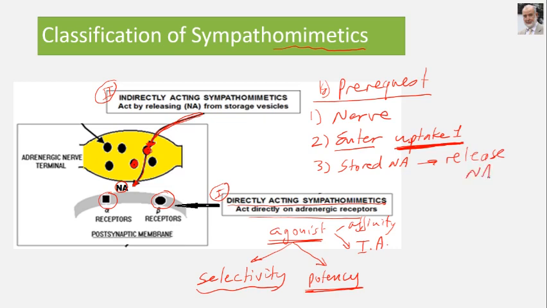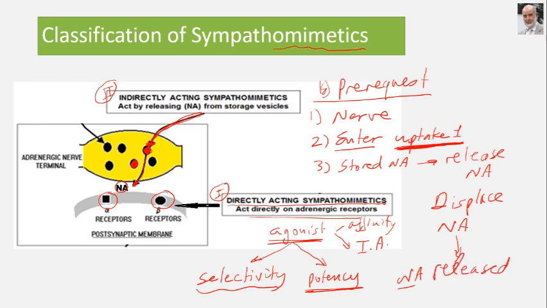They displace noradrenaline. They like the place of storage of noradrenaline. They ask noradrenaline to leave, and they displace noradrenaline from its storage sites. Once they displace noradrenaline, they will be released, of course. Noradrenaline will be released at the synapse. Okay?